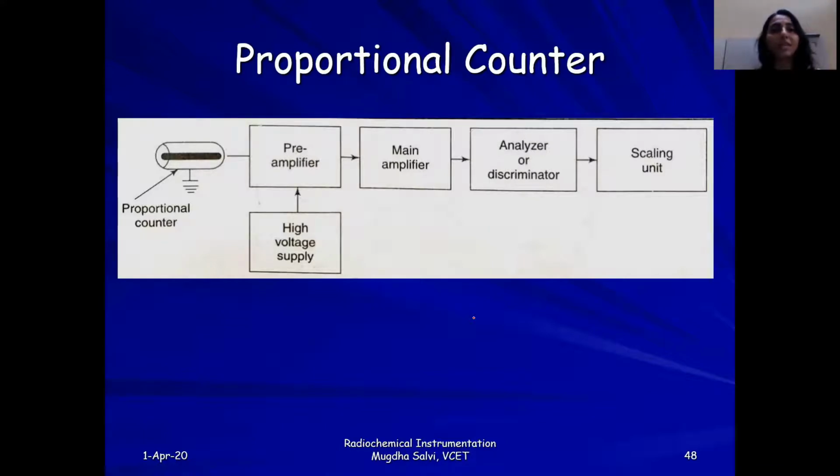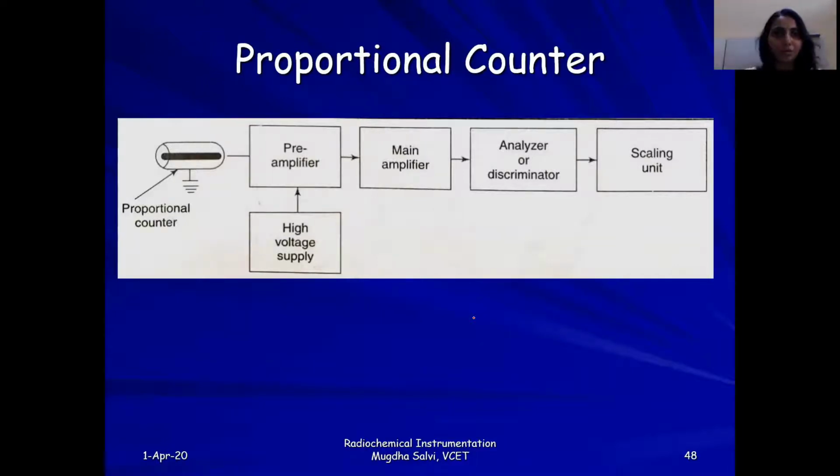Proportional counter will be able to give you signal proportional to the input ionization. But every time the input supply voltage increases, the pulse will also increase proportionally. Hence, it is called a proportional counter. I will repeat this again.